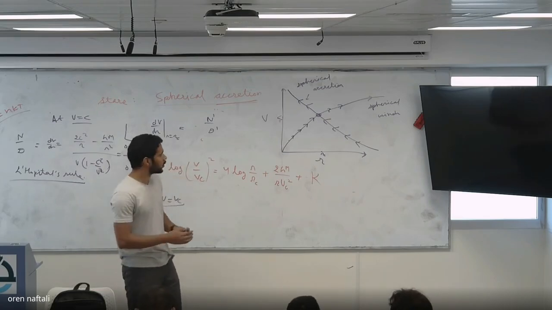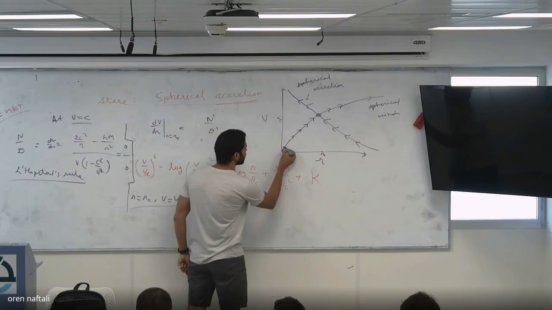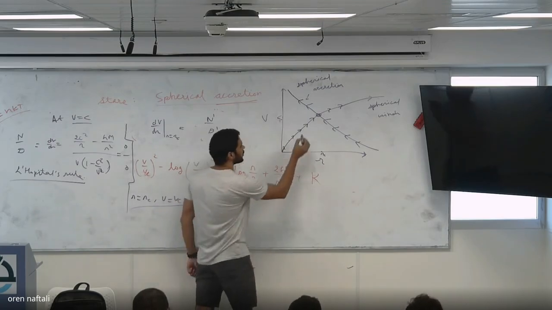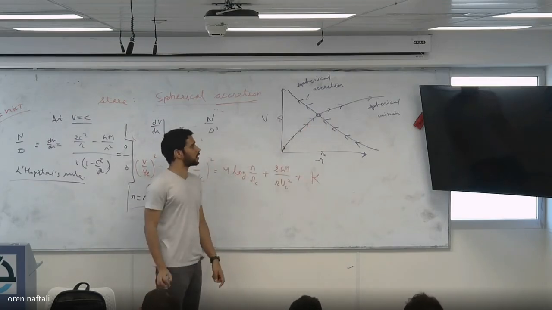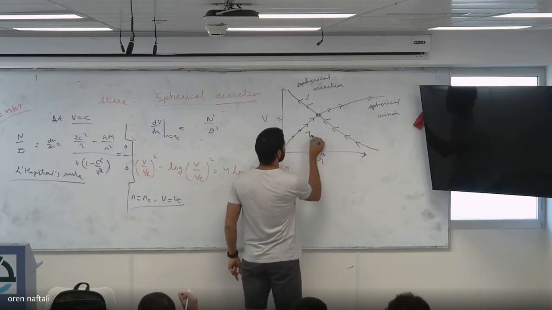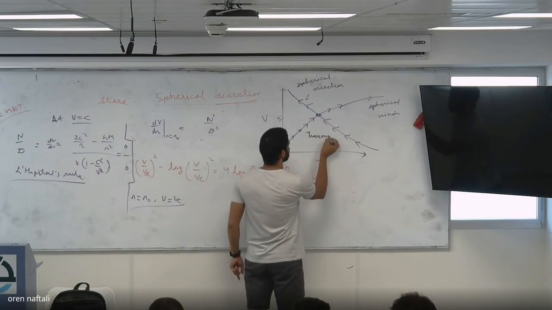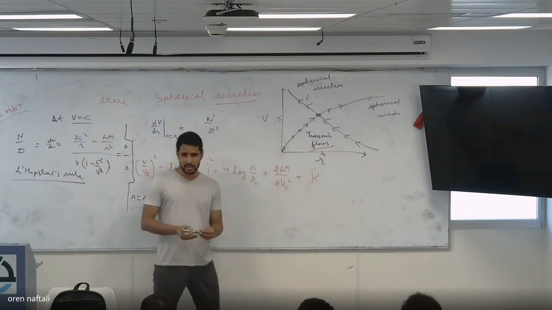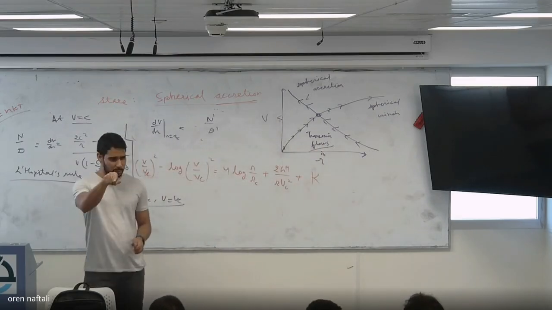You have to throw it with a certain speed so that it crosses the sound speed, or it becomes transonic. Both the flows are called transonic flows. Transonic means flows that cross the sonic point.